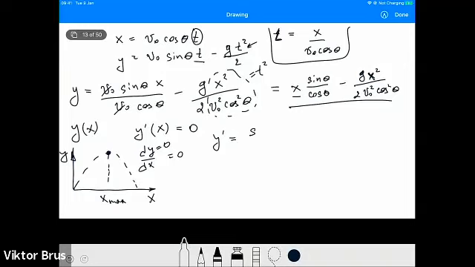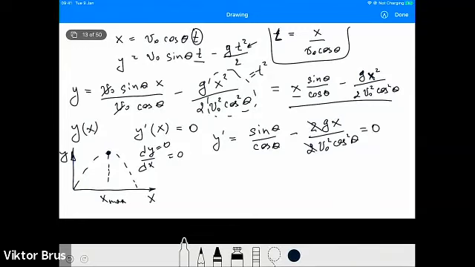So we get sine theta divided by cosine theta, and then minus, since we have x squared here, 2gx divided by 2 v naught squared cosine squared theta. Okay, these 2 and these 2 we can cancel out. And our condition for the maximum is that this derivative of our function is equal to 0.